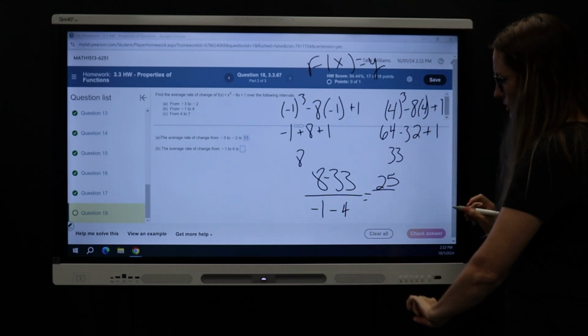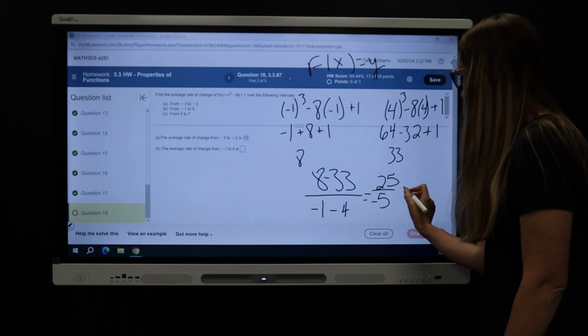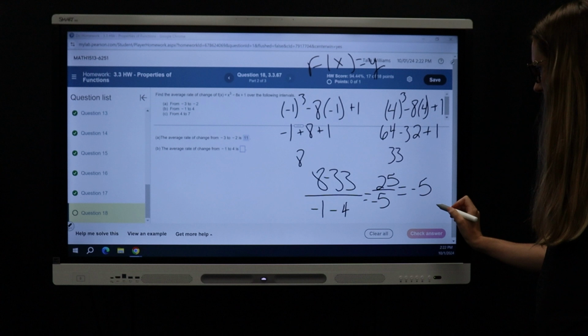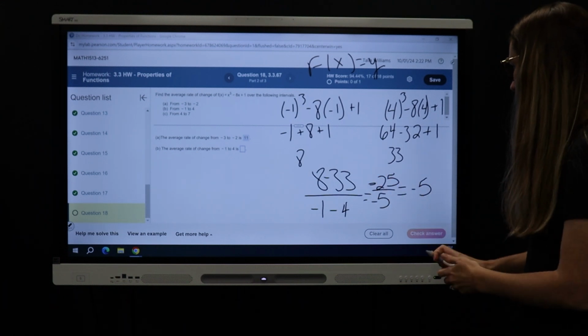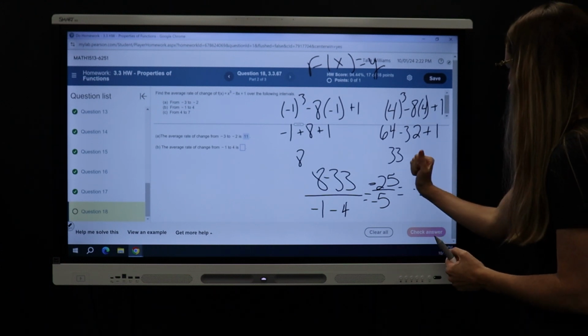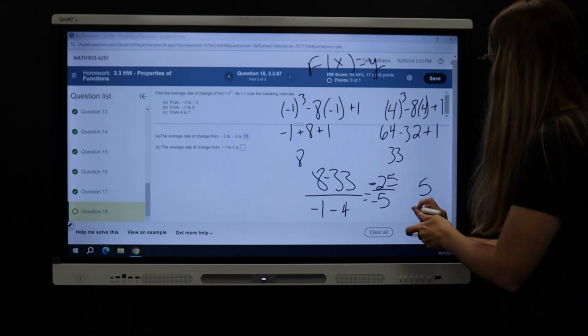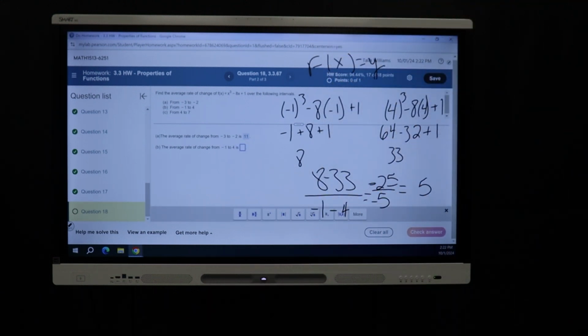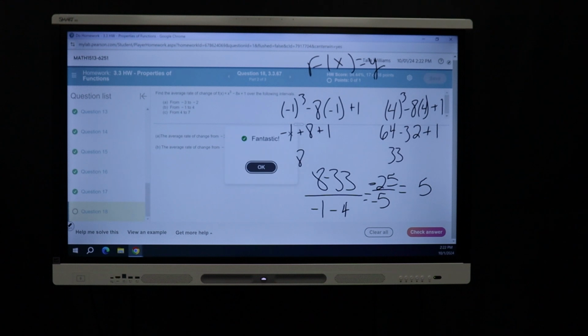And then negative 1 subtract 4 would be a negative 5. 25 divided by negative 5 is, oh, this is negative, because 8 subtract 33, so this is positive 5. Woo!